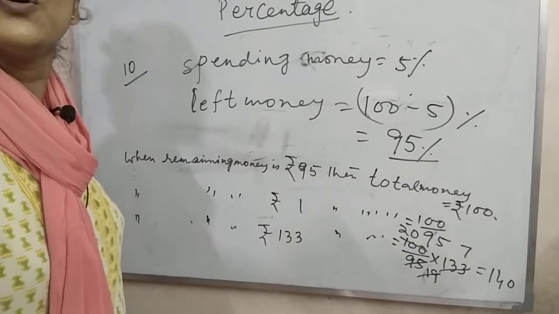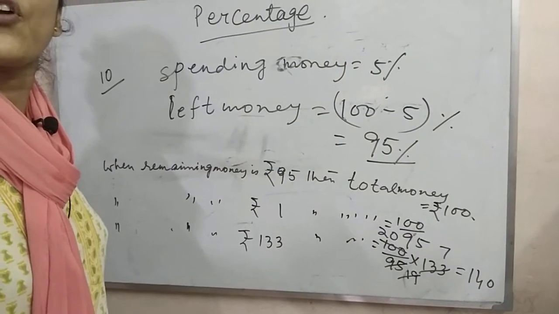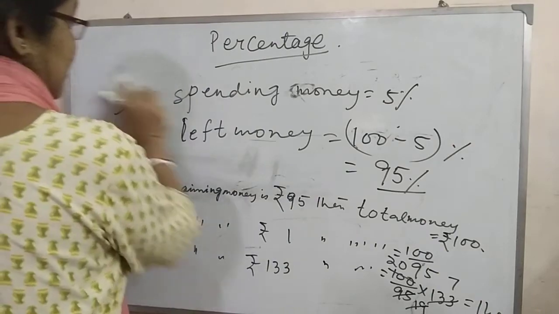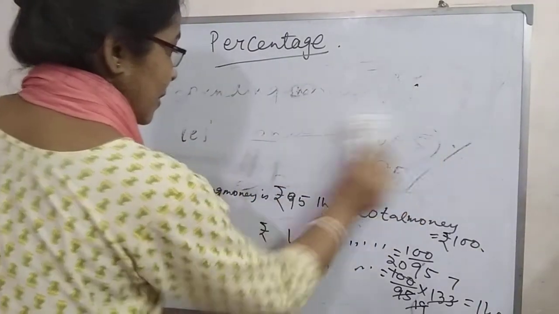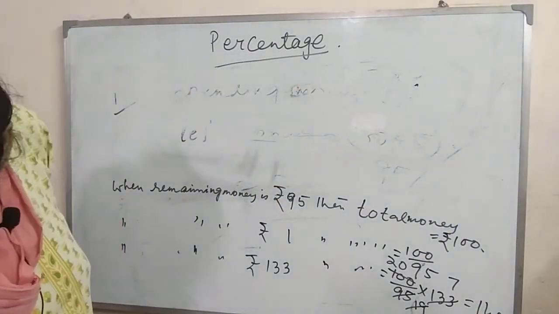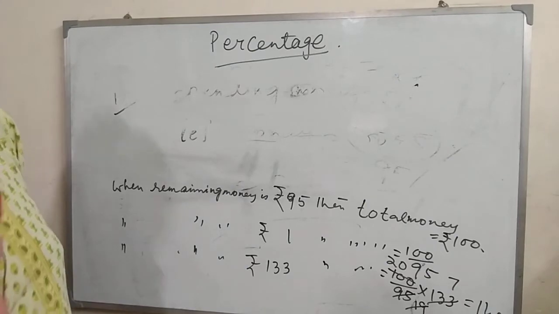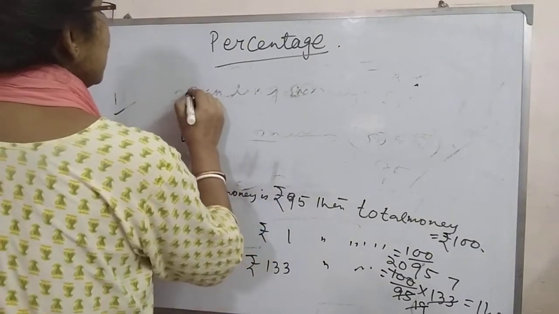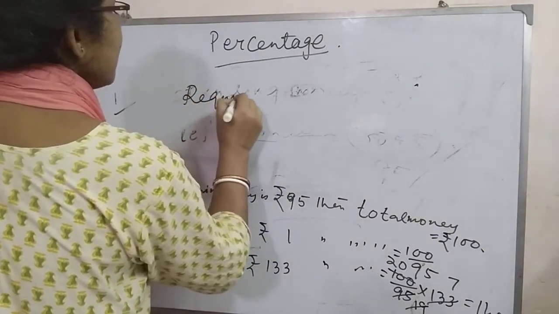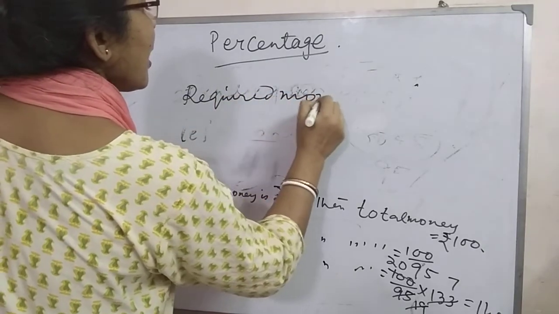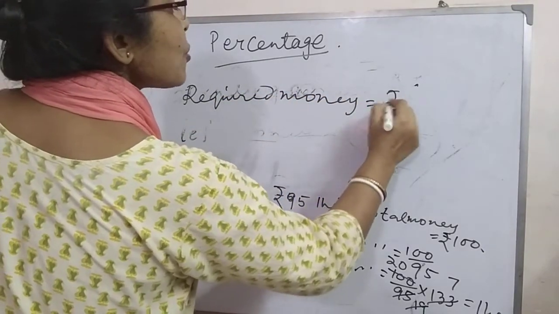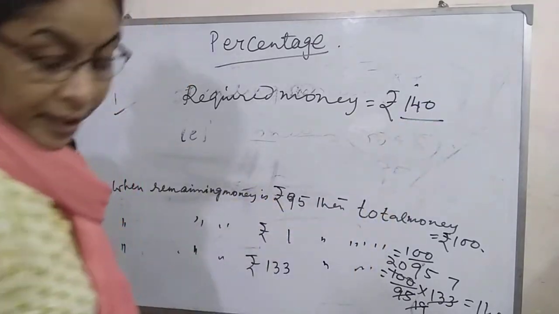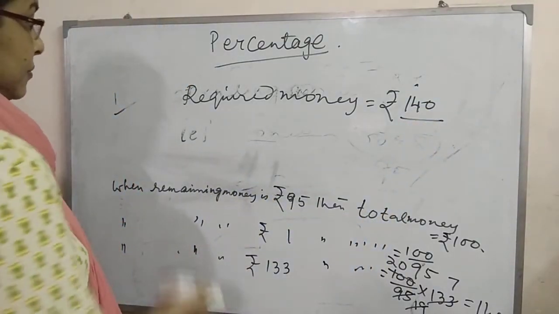Answer is rupees 140. Question is, find the sum of money. Required money is rupees 140. Okay. Thank you.